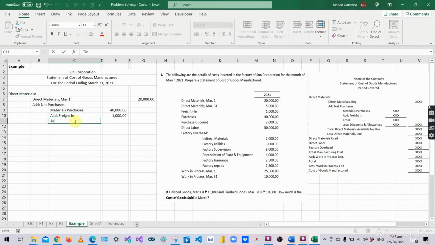Pagkatapos nun, we will get the total. So, 40,000 plus 1,000, 41,000. And then, we deduct the purchase discount amounting to 2,000.